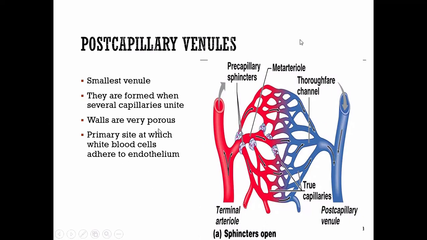Walls are very porous, meaning malalabasan. Primary site at which white blood cells adhere to the endothelium. So when you are asked the part where blood cells adhere to the endothelium, of course you have your postcapillary venules.